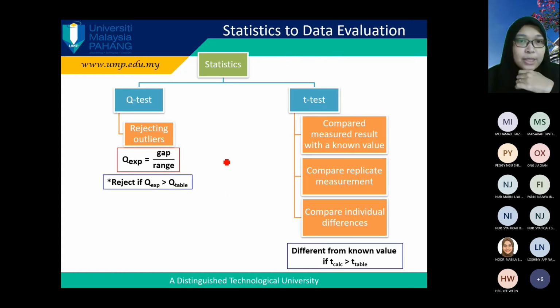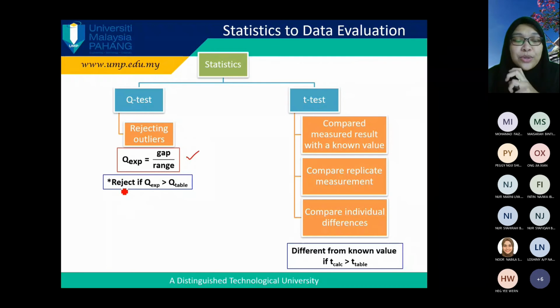Just now I was talking about the Q-test and T-test. This one is used to reject outliers. This is the equation: Q experimental equals gap over range. You reject if the Q experimental is greater than Q table. If you already learned the T-test, you might be familiar with the student's T-table. For the Q-test we also have a Q-table. From the Q-table, you compare with the Q experimental to decide whether to reject the outlier or not.